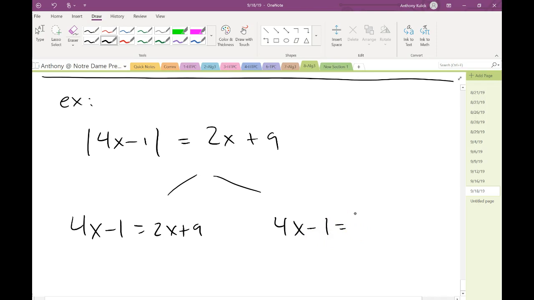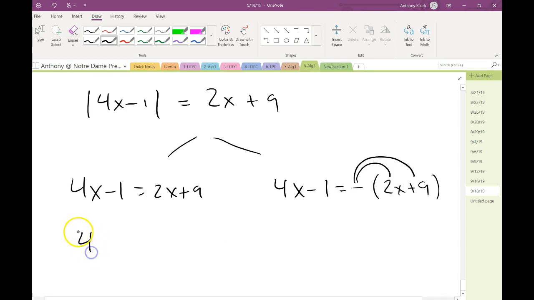Now when I negate the right-hand side, notice the right-hand side contains two parts. So when I'm negating it, I really need to think about distributing that negative. I need to negate all the pieces on the right-hand side, not just the first piece. I want to really emphasize this because this is a place where I would say the majority of students make mistakes.